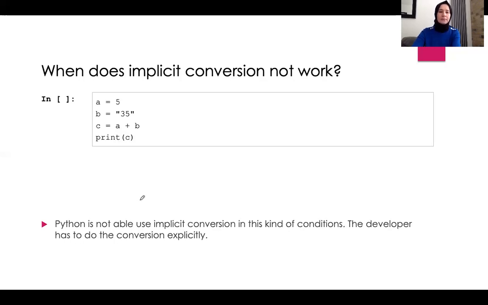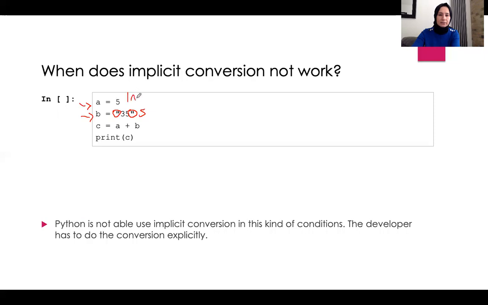There are some cases where implicit conversion doesn't work. Let's look at this example. We have a equals 5, and another variable b equals 35. However, this is inside double quotes, therefore it is a string.